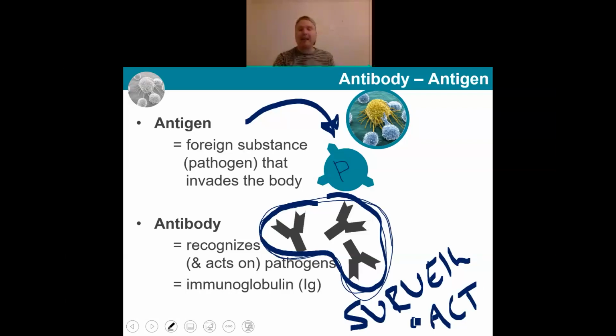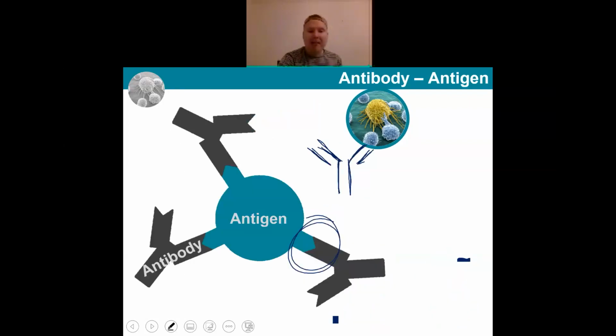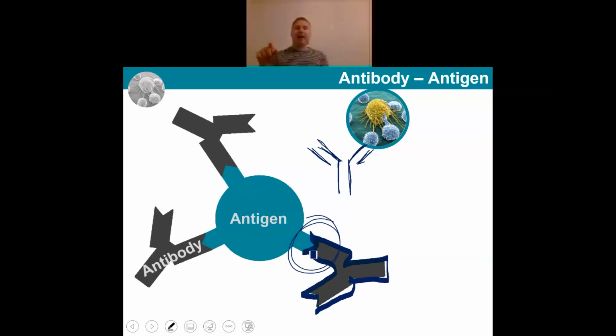So they're able to deal with it if they see something that's a pathogen that shouldn't be in your body. And how these two work together is that it is these antibodies that connect with the antigen. So they can say, hi, I recognize that there is now something, this antigen, that shouldn't be in our body. I recognize that.